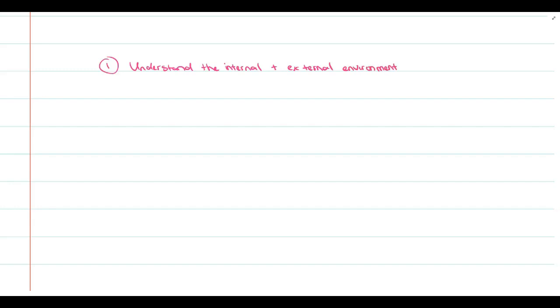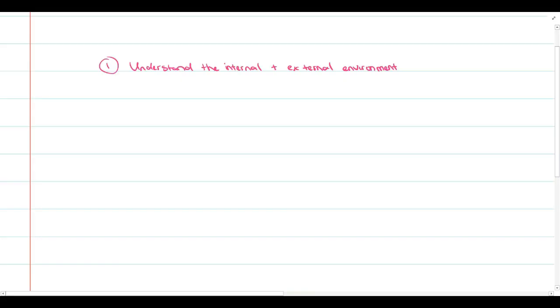And I went through 3 analytical tools with you that can be used in order to understand your internal and external environment. We can perform a SWOT analysis, a PESTEL analysis, or we can use Porter's 5 forces.